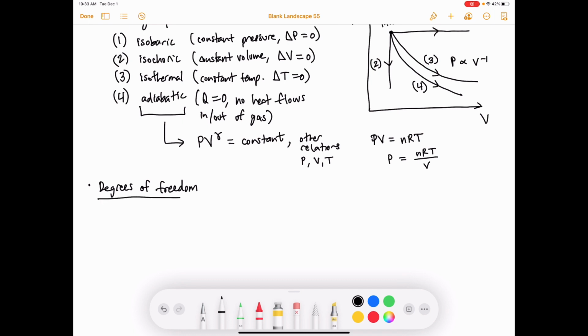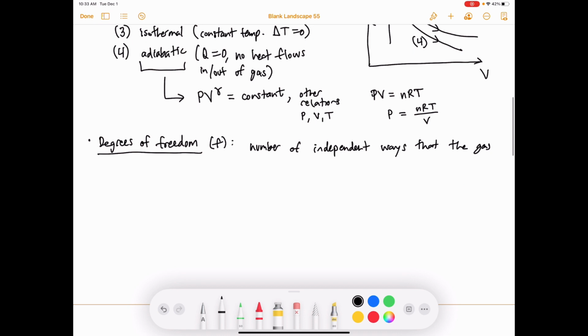So remember, the degrees of freedom, given by lowercase f, represents the number of independent ways that the gas molecules can have energy. So the degrees of freedom is the number of independent ways that the gas molecules can have energy.